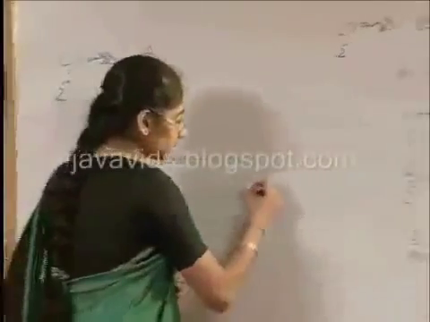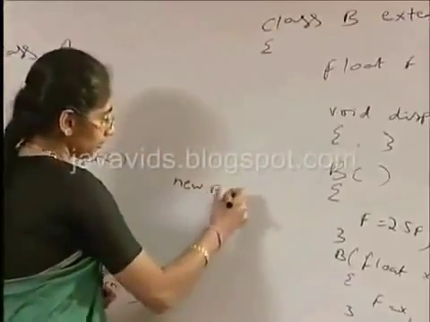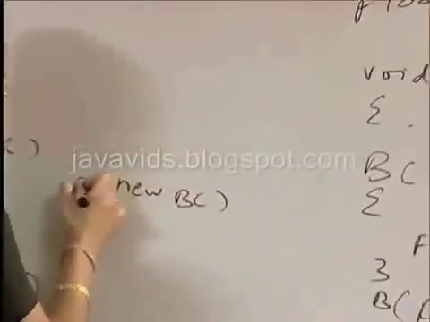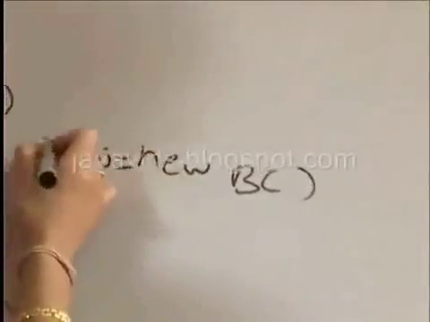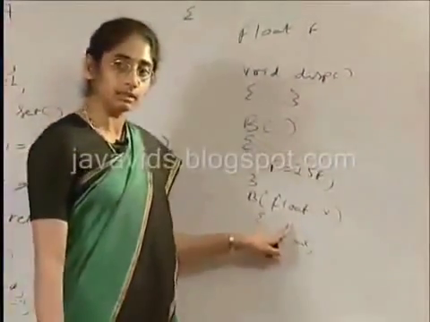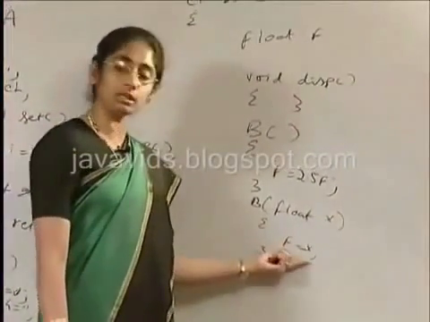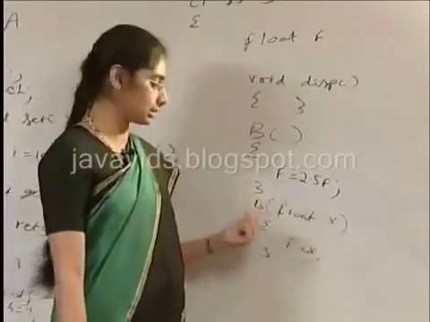Now let's see what happens. When we create an instance of this class B by saying new B, it comes into this constructor, but notice that we have not written any call to the parent constructor.